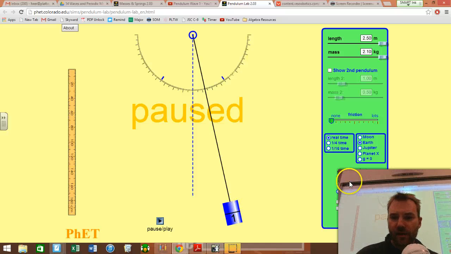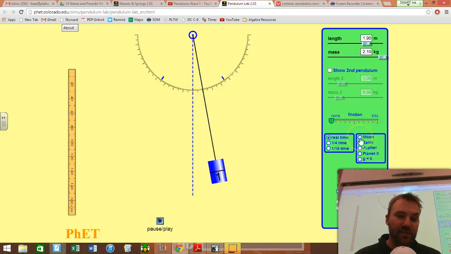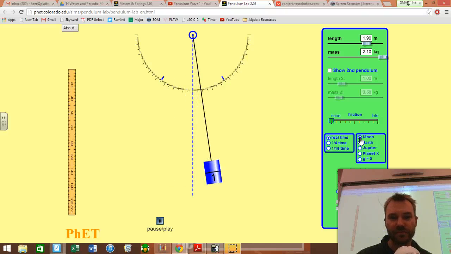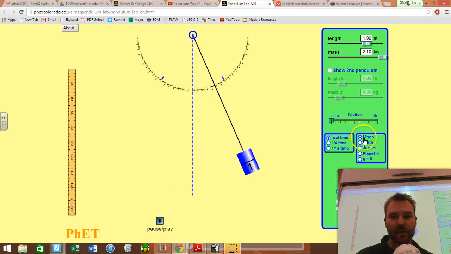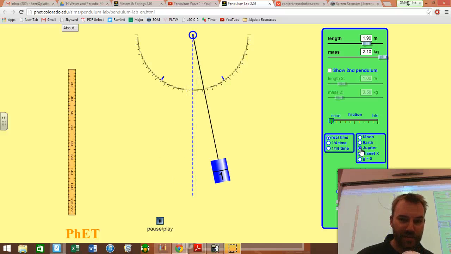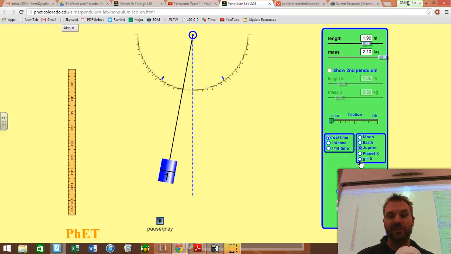So just a couple other things I can show you on here. We'll make it a little shorter. Play it. This is what it would swing like if it was on the moon, if there's less gravity. This is what it would swing like if it was on Jupiter, underneath a lot more gravity. And if you had 0 gravity, guess what it would do?